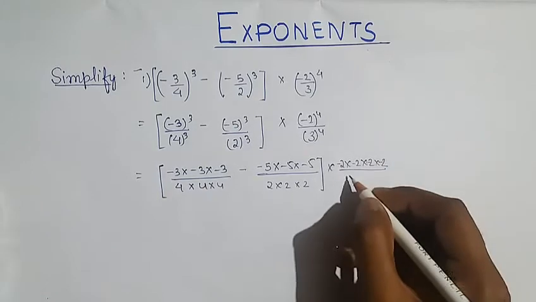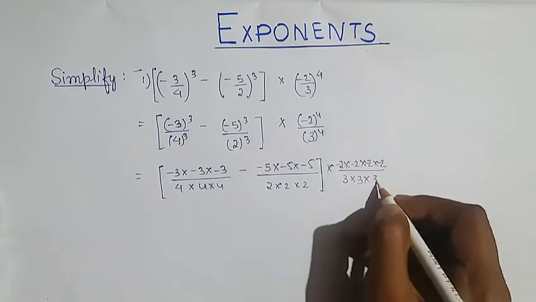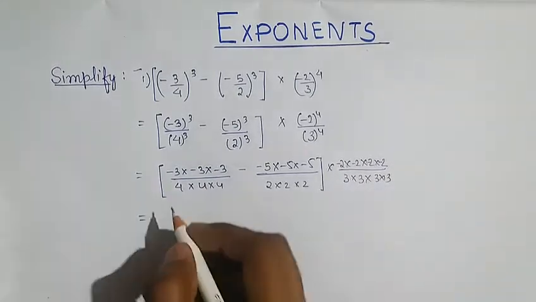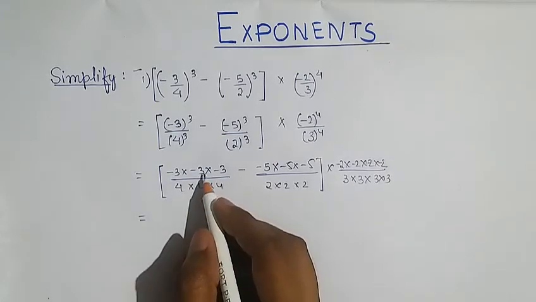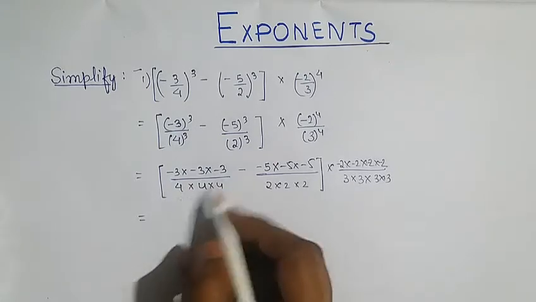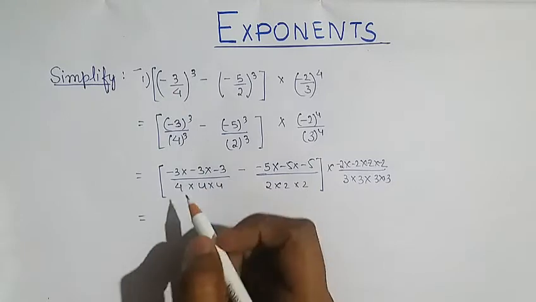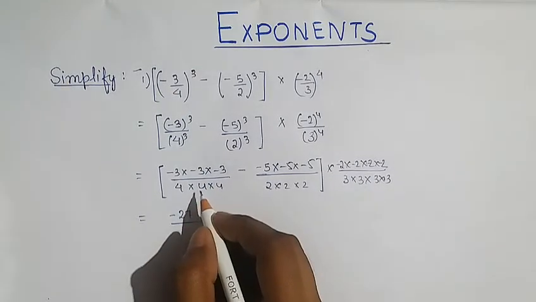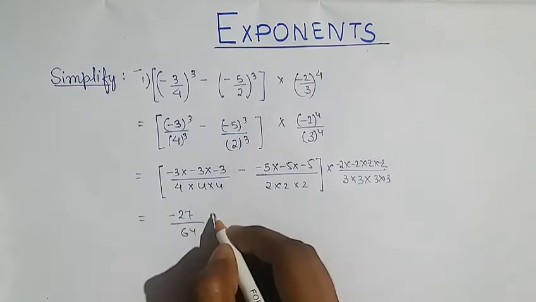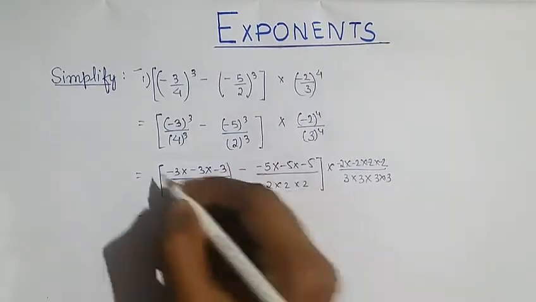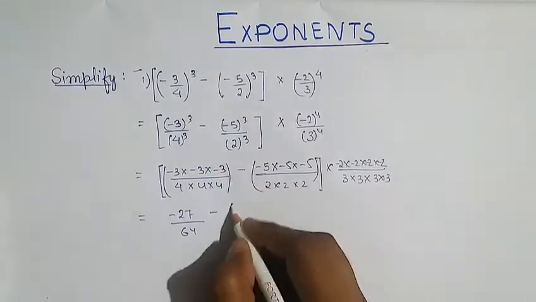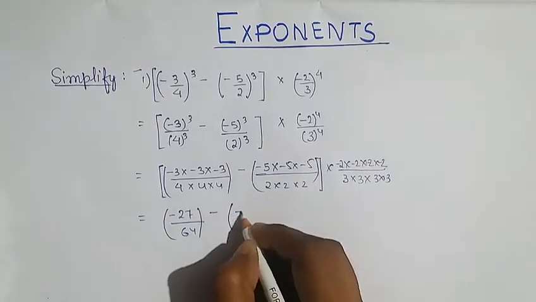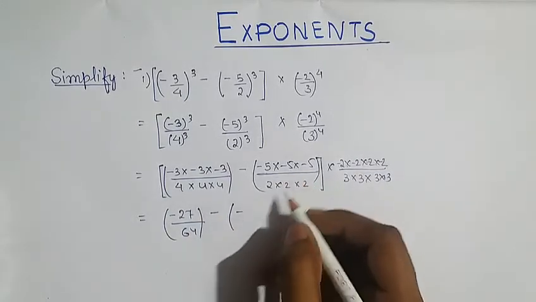3 into 3 into 3 into 3 is equal to, so 3 into 3 is 9, 9 3s are 27. Since the power is odd, the result will be minus 27. 4 into 4 is 16, 16 into 4 is 64. Minus 5 5s are 25, 25 5s are 125.